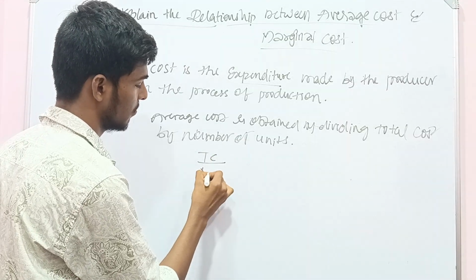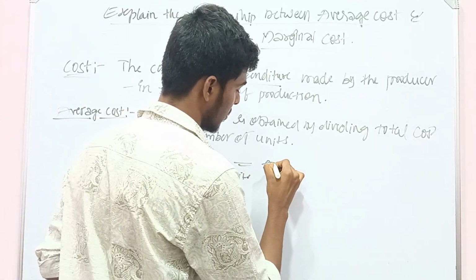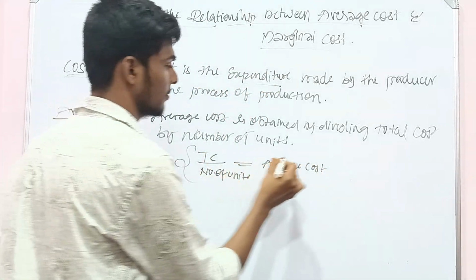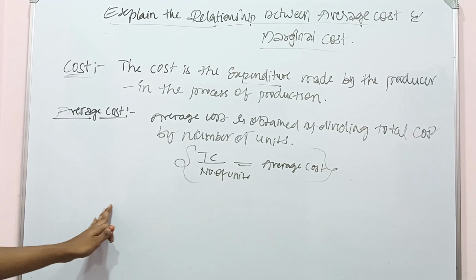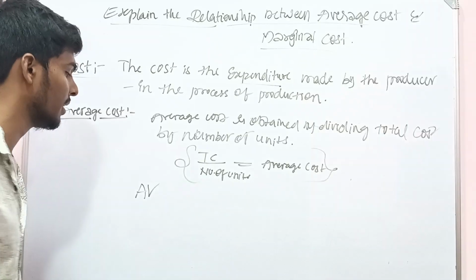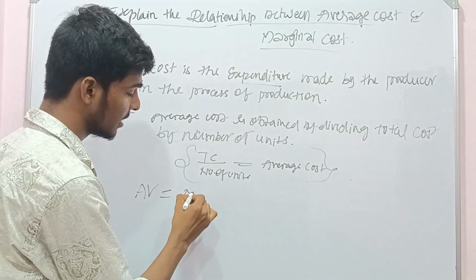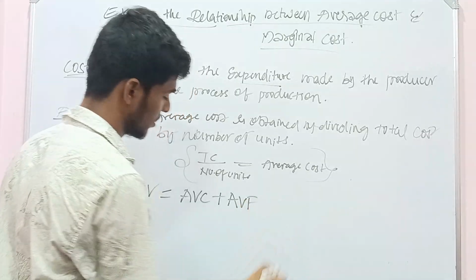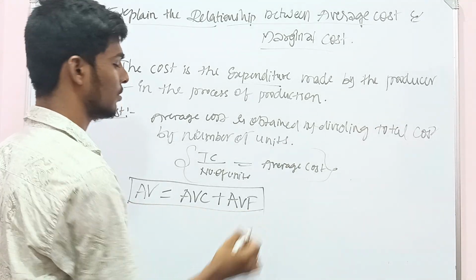Total cost by number of units is equal to average cost. This is the average cost. It is a summation of, and the average cost can be obtained through that average cost is equal to average variable cost plus average fixed cost.